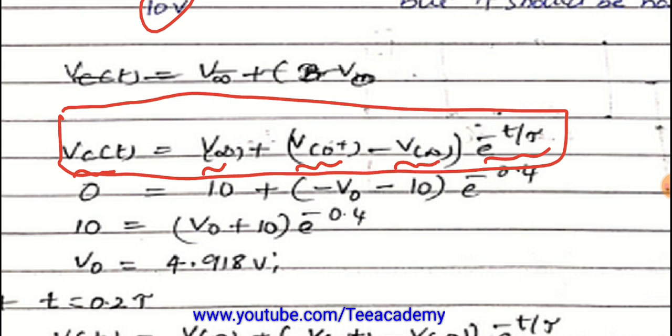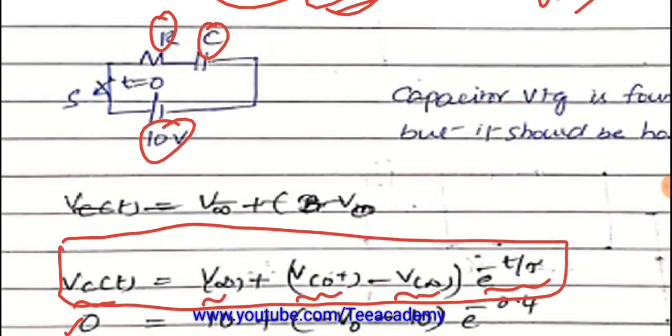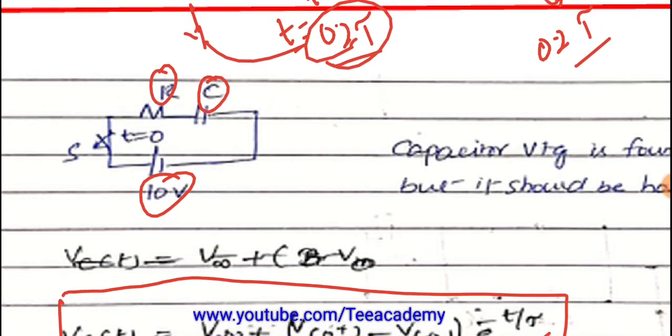Assuming that the voltage Vc of t is 0, which is equal to V of infinity plus. We know that V of infinity is nothing but the capacitor voltage in steady state condition. When the capacitor is at steady state, it acts as an open circuit. When there is an open circuit, the entire 10 volts will appear across the capacitor. So Vc of infinity is nothing but 10 volts.